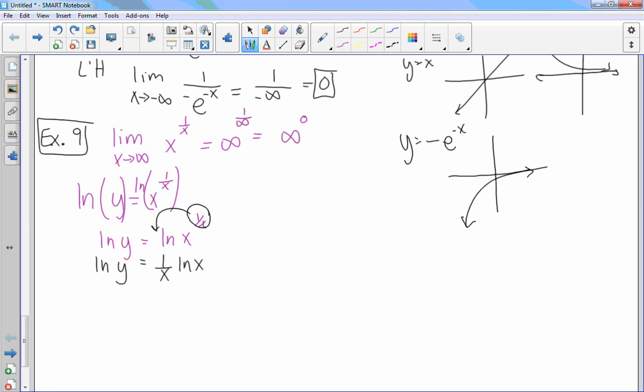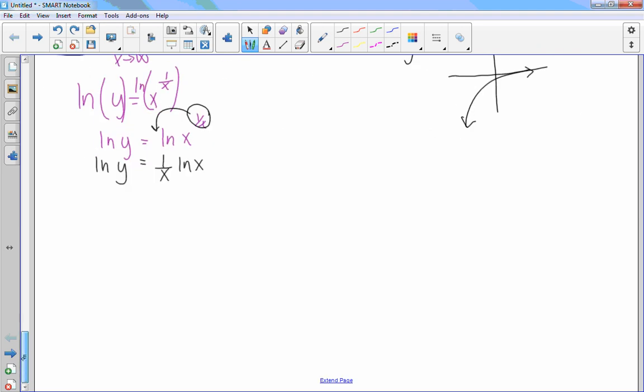Okay? So now this time we're going to look at the limit as x goes to infinity. Instead of our y function, it's our natural log y function, which is the limit as, do we have a numerator and denominator now? Okay, what's the numerator function?